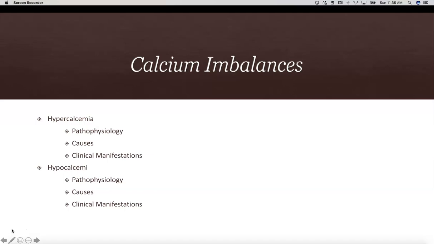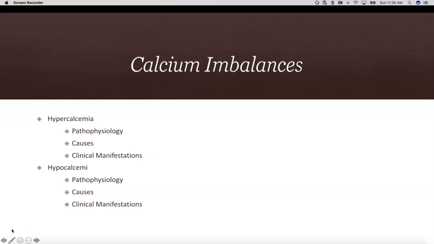Other things that can cause hypercalcemia: some malignant cancers, as we said, prolonged immobilization, excessive intake of calcium, and also excessive intake of antacids because they have calcium in them.